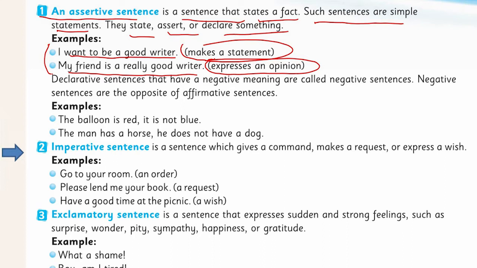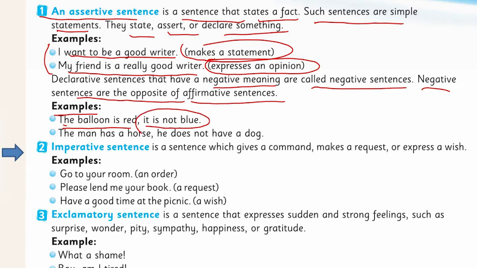Declarative sentences that have a negative meaning are called negative sentences. Negative sentences are the opposite of affirmative sentences. Look at the examples here. The balloon is red, it is not blue. Here the not indicates that it is a negative sentence. The man has a horse and he does not have a dog. These 2 sentences here, the affirmative, and this is the total opposite sentence we have.